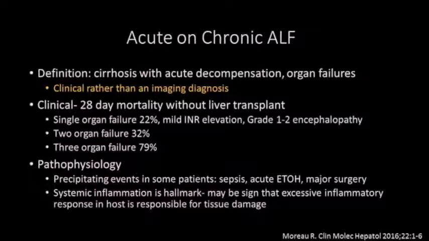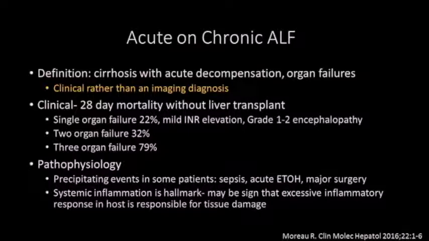Lastly, there are patients who present in acute fulminant liver failure who happen to have some chronic underlying liver disease, and we're learning more and more about these patients. So these are people who have cirrhosis and then acutely decompensate and have multi-organ failure. This is a clinical diagnosis rather than an imaging diagnosis. We will see chronic liver failure in these patients, and you can begin to understand that it might be difficult to differentiate these patients from those with subacute fulminant liver failure.